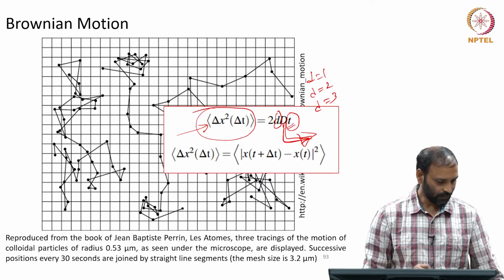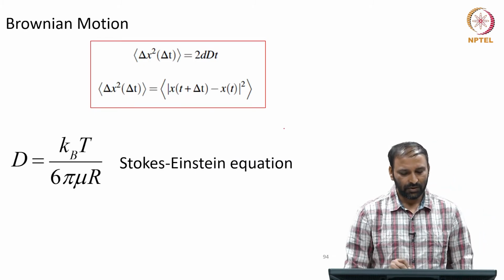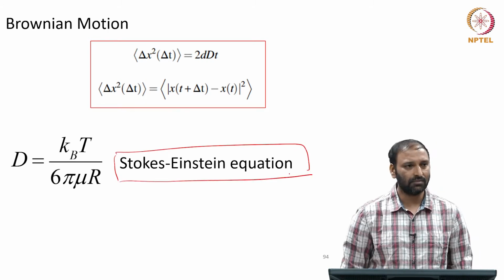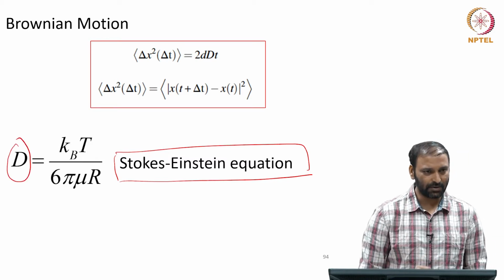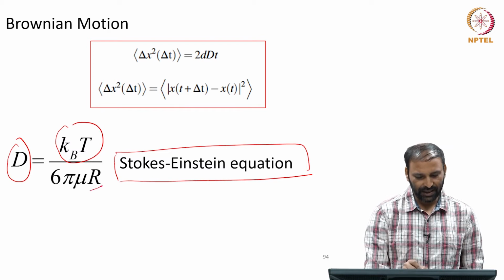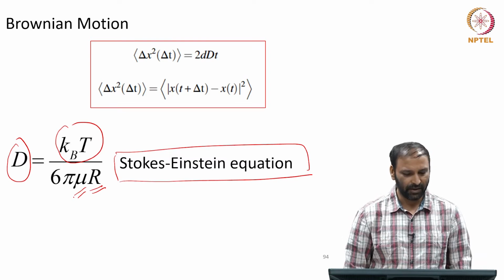Now once you do that, he used something called the Stokes-Einstein equation, which relates the diffusivity of the particles to the thermal energy, the radius of the particle, and mu, which is the viscosity of the fluid in which the particles are embedded.